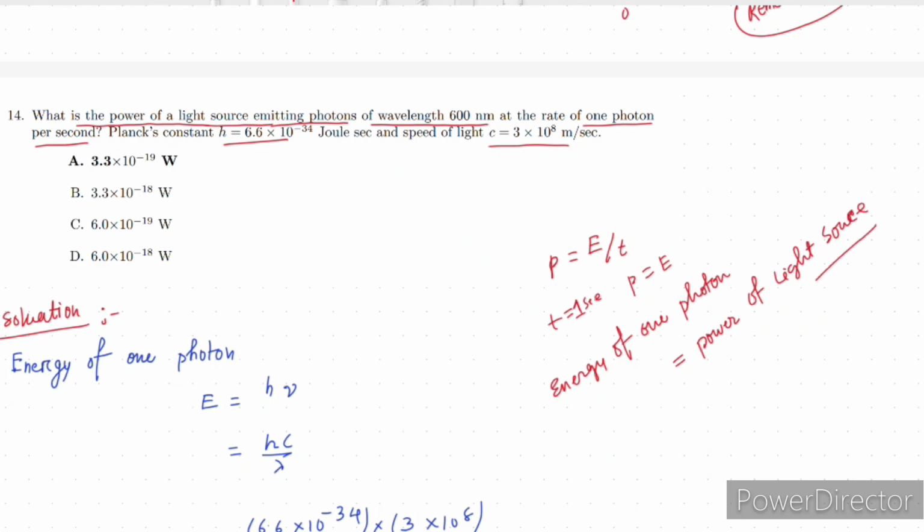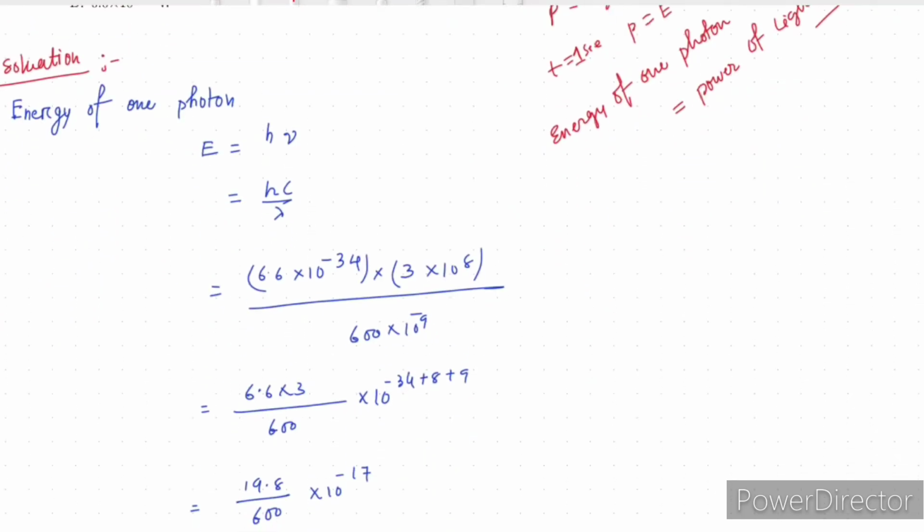This question is very easy. We just calculate the energy of one photon. Energy of one photon E equals h nu, equals hc by lambda.